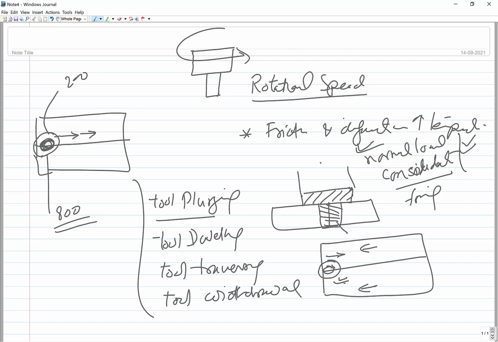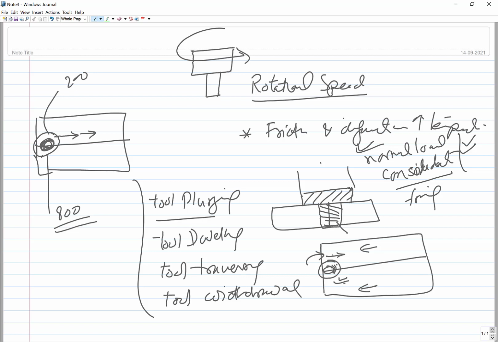Okay, so this tool pin now will start, because of the tool rotation as well as the heat generation and the deformation, you will notice.